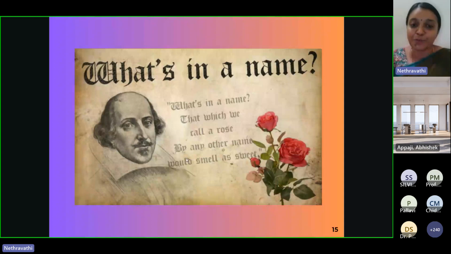But we cannot follow this, because everything is in our name. We have to maintain our identity, first through our names, by properly citing our names, or properly putting our names in the articles. That was just on the lighter side.